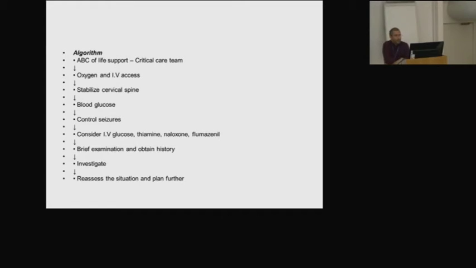So this is really just a basic algorithm to go through. We talked about basic ABC, the importance of supporting them. Get the critical care team involved early on, pretty much right at the start, because if there are any signs that they're not protecting their airway as a result of being unconscious, then of course the management has to go to another level in terms of intubation and supporting airway, supporting breathing, etc. Basically, make sure you have IV access, give them oxygen.